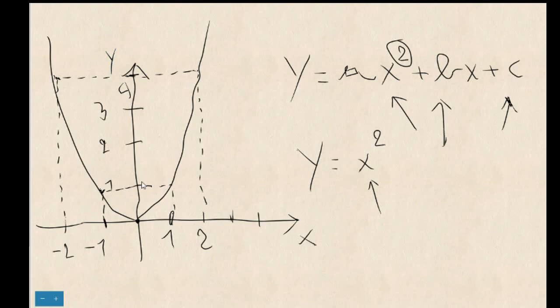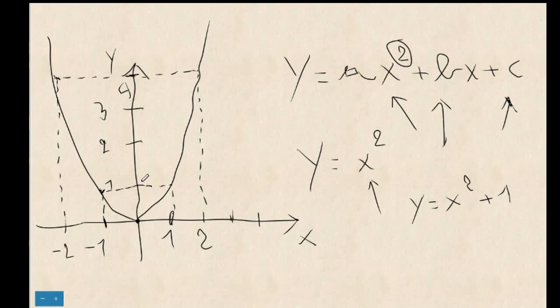So in order to get more familiar with quadratics, we can play around with the parameters. For example, let's start adding a constant to our function. y is equal to x squared plus, let's take 1.